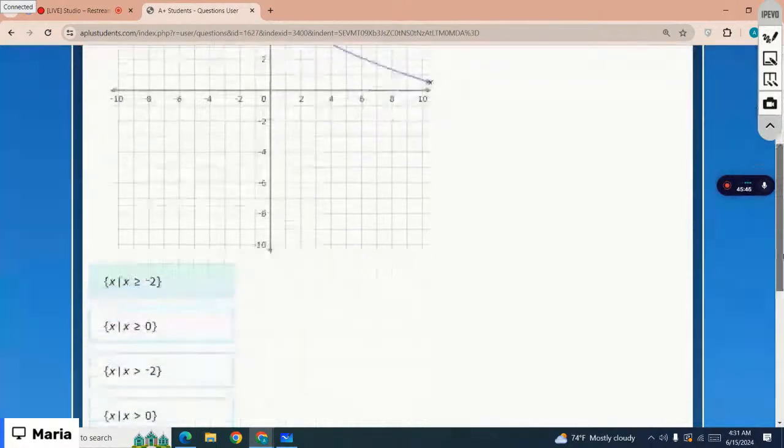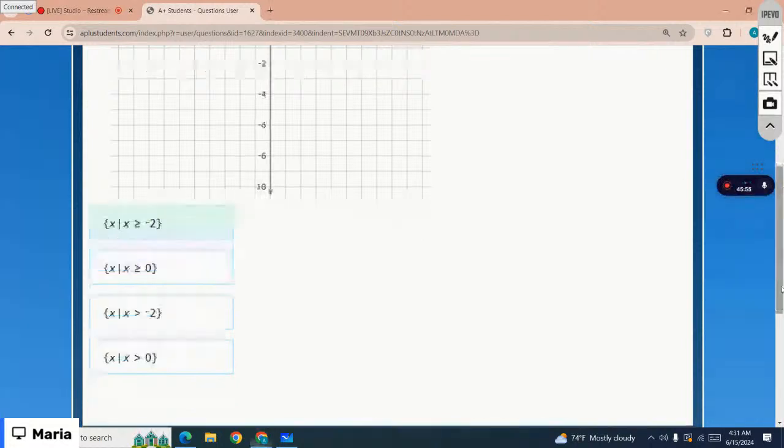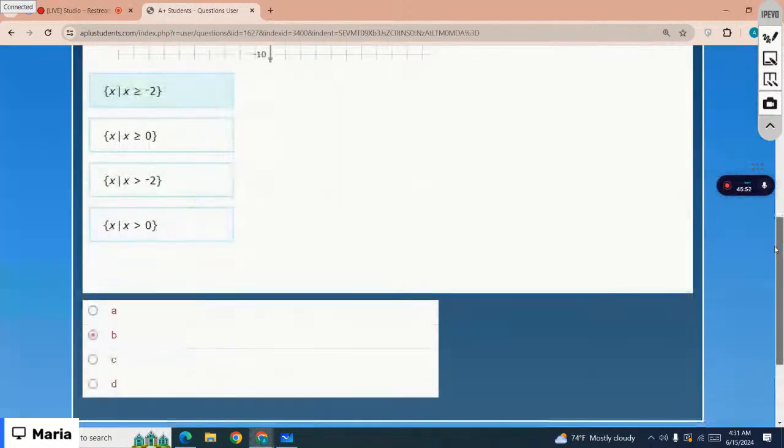So the correct option is x is greater than 0 because the values are increasing. So the correct option is x is greater than or equal to 0. Option number B is the correct option.